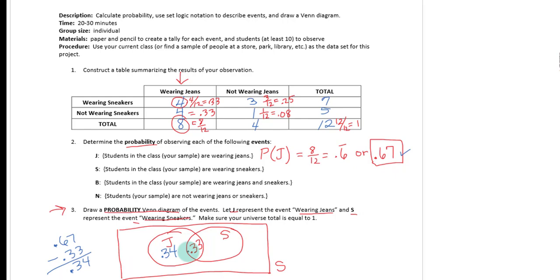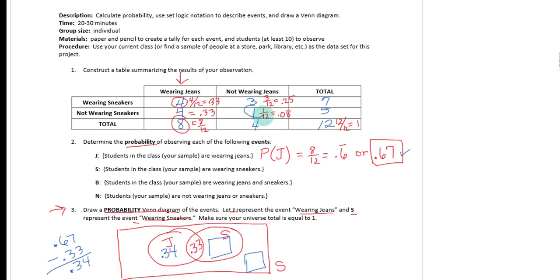All right, so I will be filling in some probability to balance out what the total should be in event S for wearing sneakers. I already have 0.33 accounted for, but I'll be adding that to something else that should match the total for event S. I might also need to have another probability outside of the events, because look here.